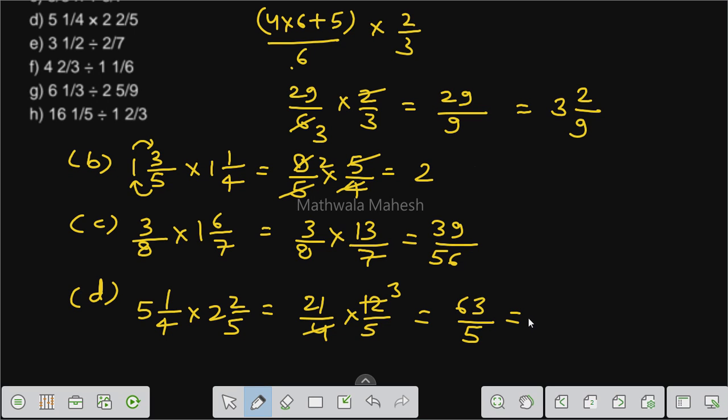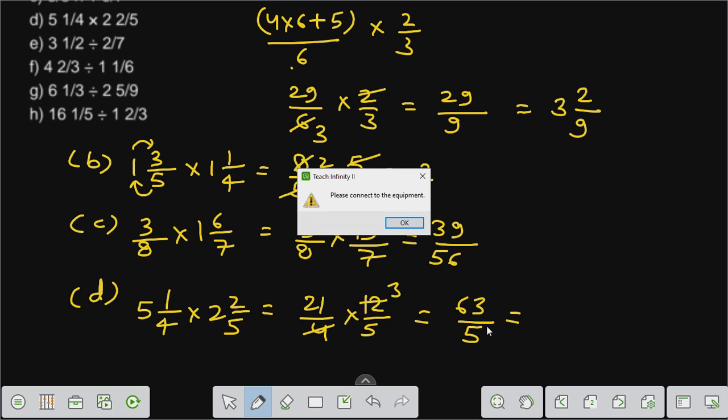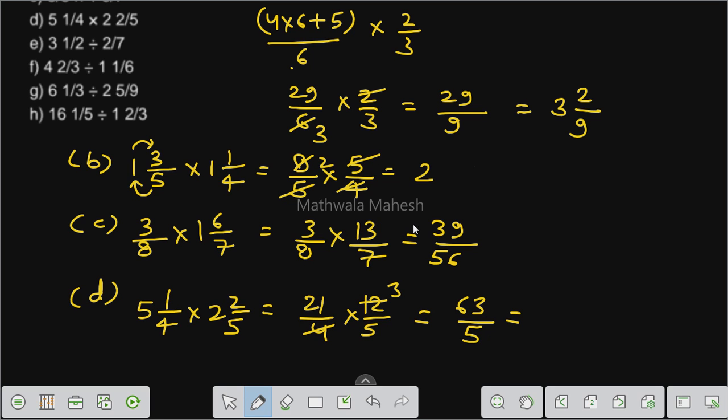And if we change this number into a mixed number, then this is 12 and 3 by 5, because 5 into 12 is 60 plus 3, 63 upon 5.